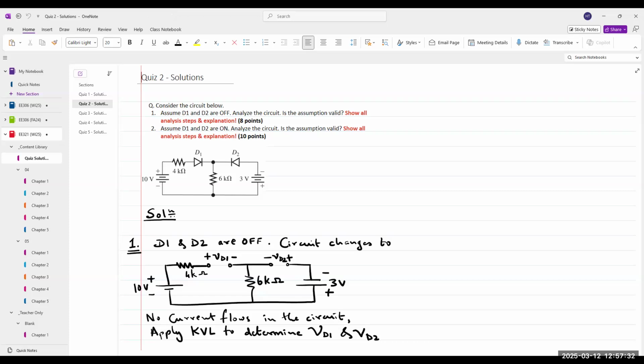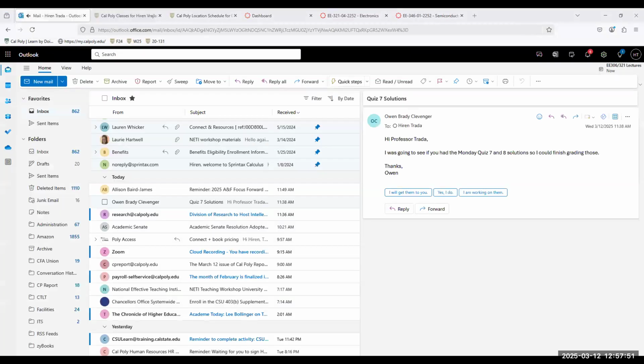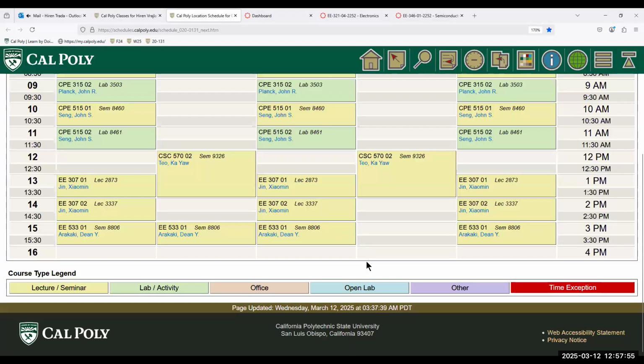And one final thing is the course evaluations are open. As a reminder, every student in the class receives extra credit for a little bit of extra work.